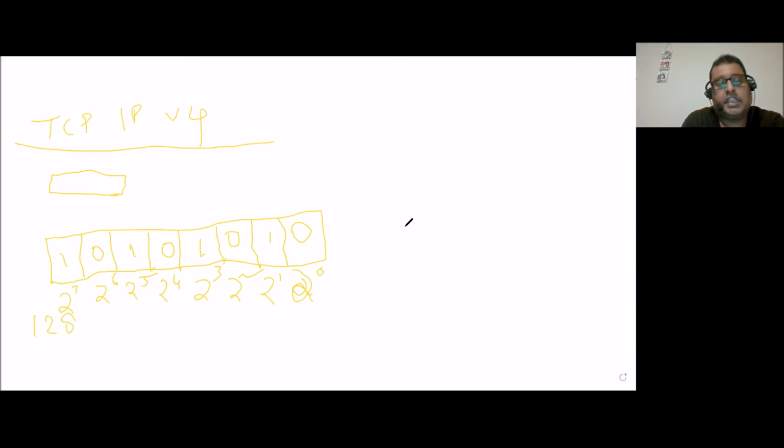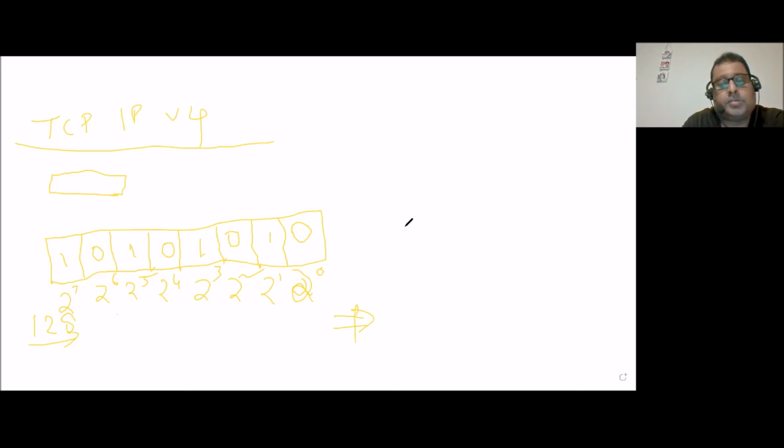So just as an equivalent, I'm just giving you a bit of an idea. 2 to the power 7 is 128. So how we arrive at the number, we sum it up, and that will be the decimal representation of 10101010.